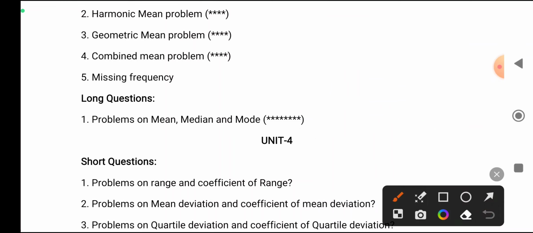Open-ended class intervals are also there.